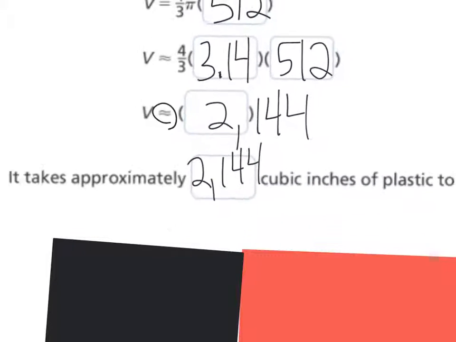We'll get 2,143.573 repeating. It did say round to the nearest whole number, so we'll make that 2,144. Again, the little squiggly equal sign looking thing tells us approximately, that tells us that we rounded that answer.